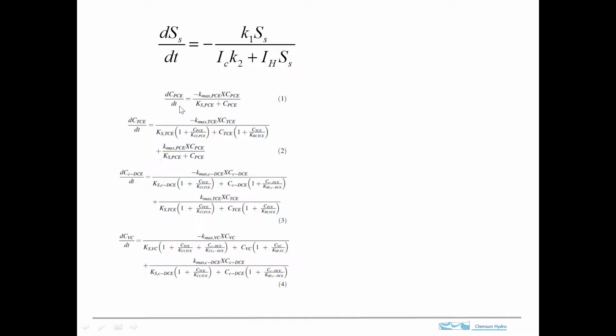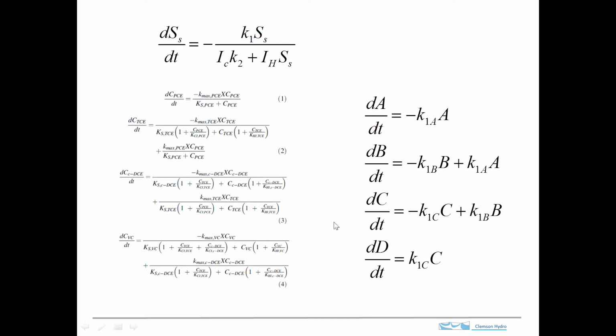Okay, so we're starting a decay chain, and if we recall from the decay chain that we've already worked on, this is the first order decay chain, and the way it works is that the kinetics here, this is the degradation of A, and then B has a degradation term and a production term.